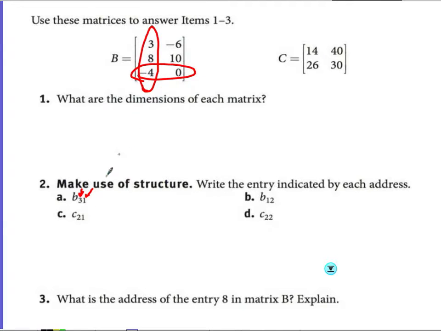And you can see where their circles intersect, they overlap at -4. Now this time I have a lowercase c, so I'm looking at matrix C, and the first number represents the second row, and then 1 represents the first column, and so my entry is 26.